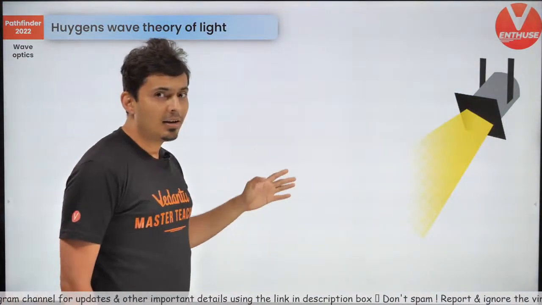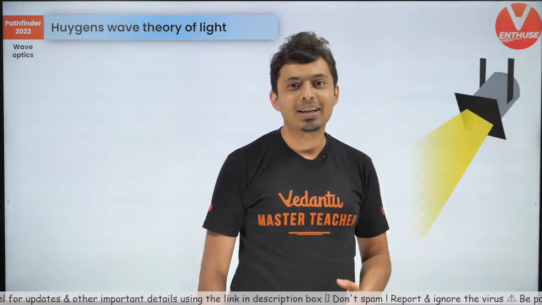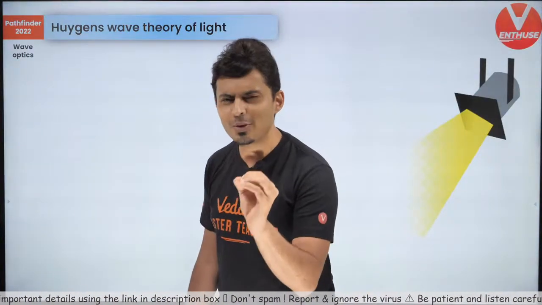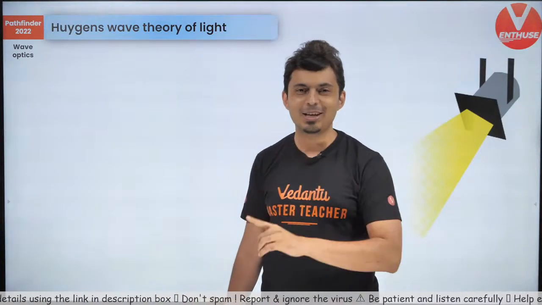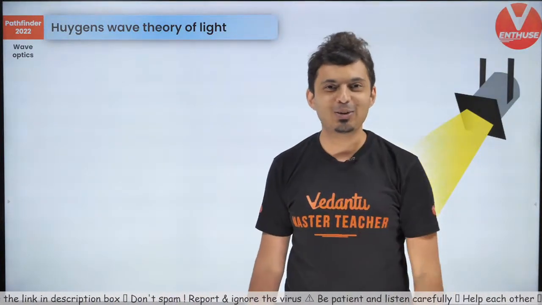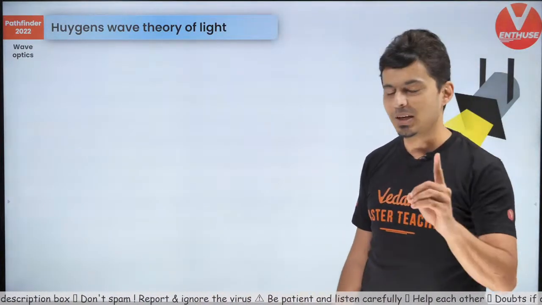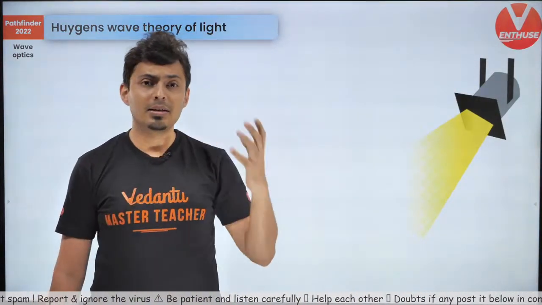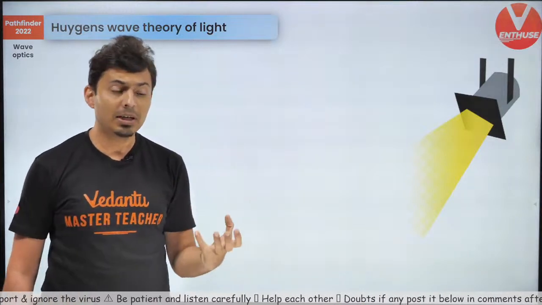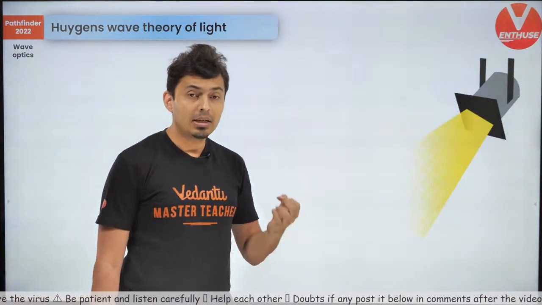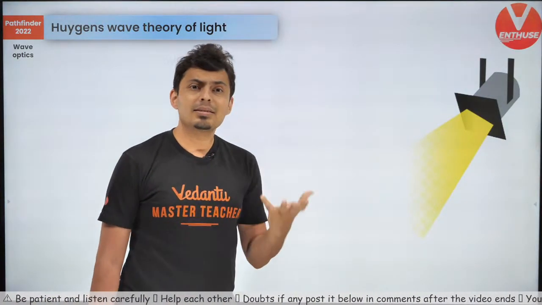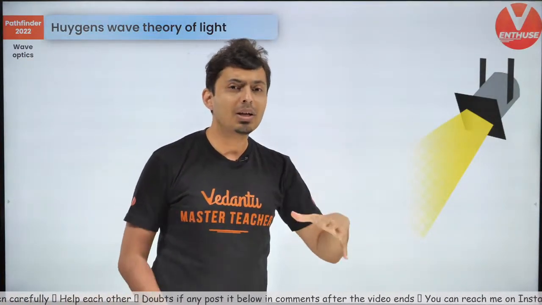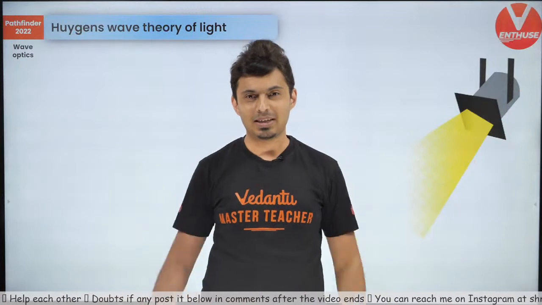Three hundred years or more back, Huygens gave his theory of light. This is a very important, crucial theory. It's there in JEE Mains, it's there in boards, and you should also know it from the JEE Advanced perspective. So what does his theory say? He said light is nothing but a wave, and the source of light creates some disturbance in the medium, and that disturbance propagates.